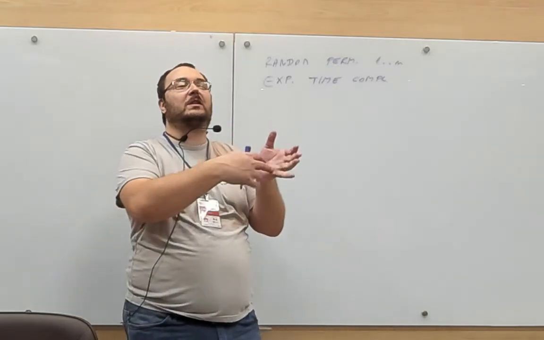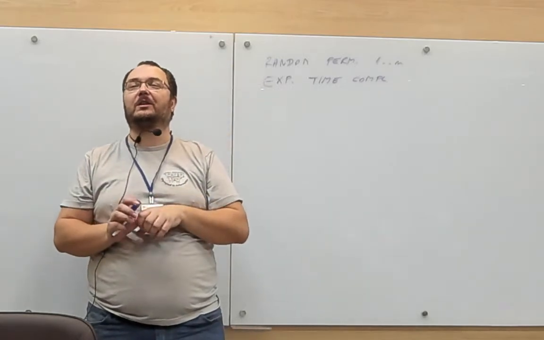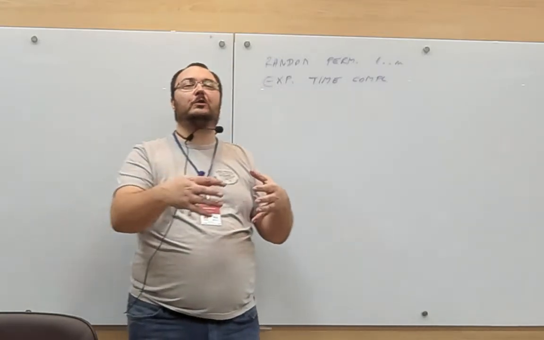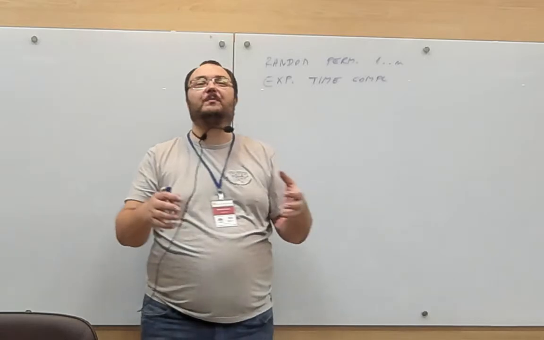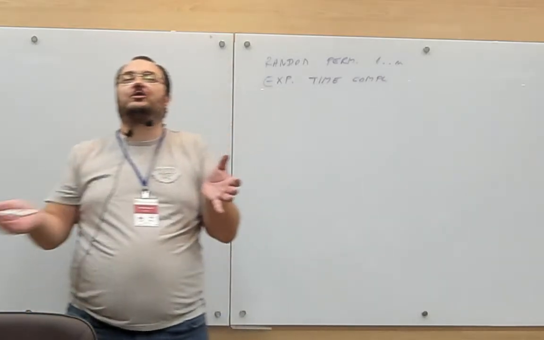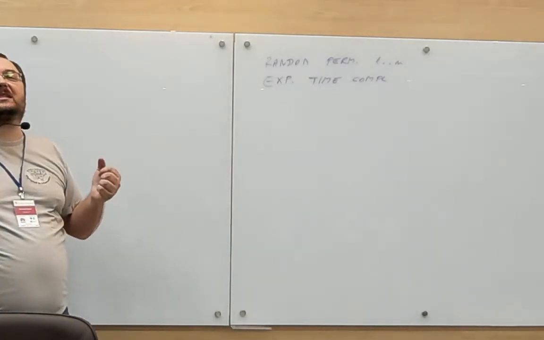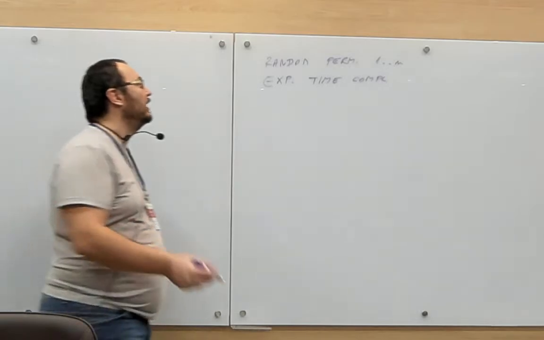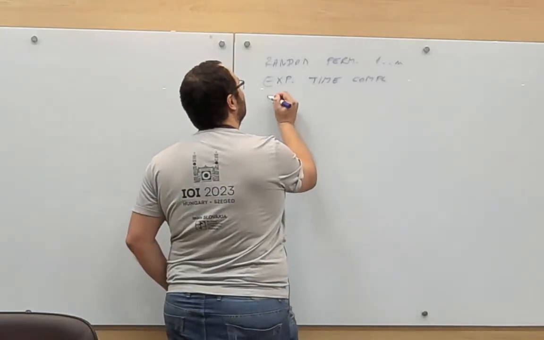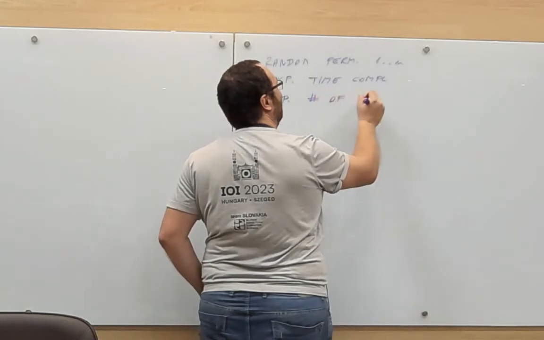There is a constant amount of work done per element when you create its node in the tree. And the rest of the work during the entire building of the tree is simply those comparisons. The constant work per node is just linear time. So the number of comparisons is what we are asking for. The expected time complexity asymptotically is the same thing as the expected number of comparisons.